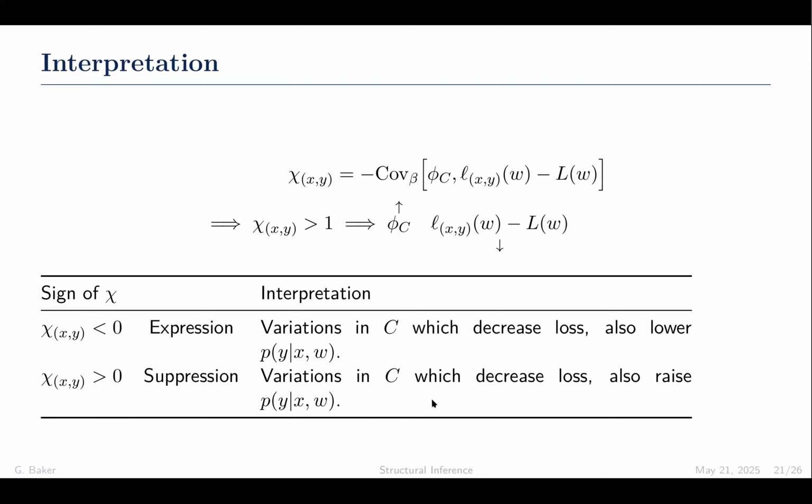You perturb C, it increases your performance overall, but that leads to a suppression of y in context x. And same thing when it's less than 0. These can be a little bit confusing. I think a good thing to do is just mark: chi xy less than 0 means expression, chi xy greater than 0 means suppression.